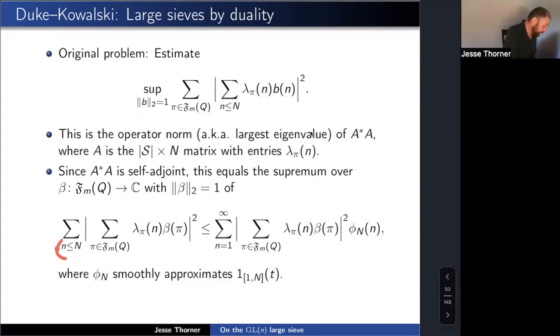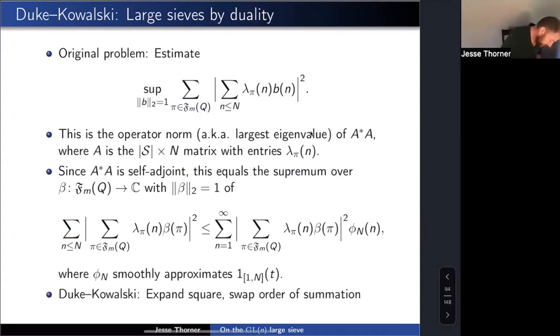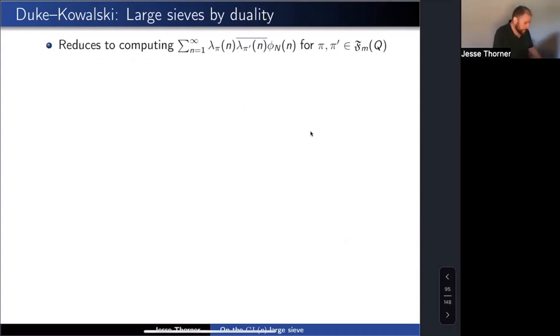And I can replace the truncated sum over n with a smooth approximate. Duke and Kowalski expand the square and swap the order of summation, and that reduces the issue to computing sums of this sort.